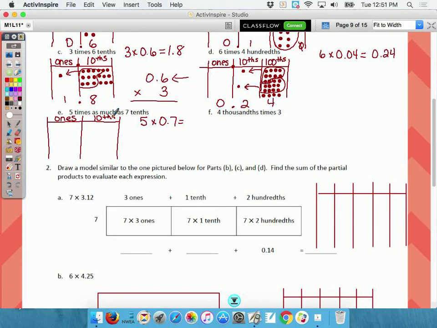This one's very similar. The only thing different on this one is you just regroup more times. So I like it when there's 5 groups of something, because that means I'm going to have 5 rows. How many in each row? 7. Yep.